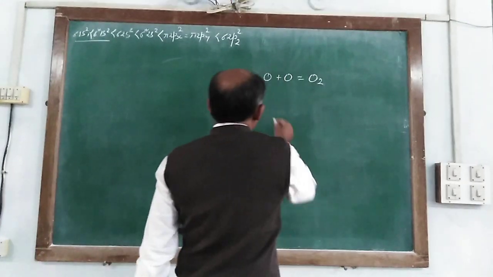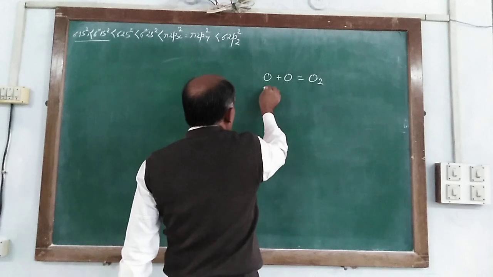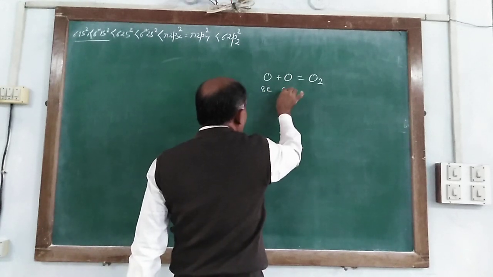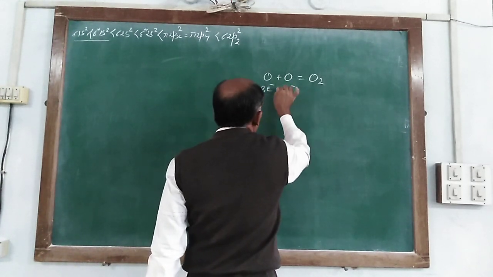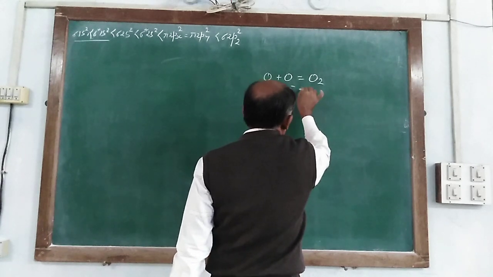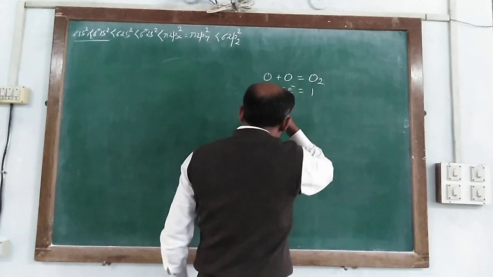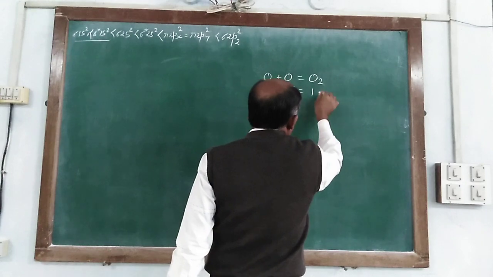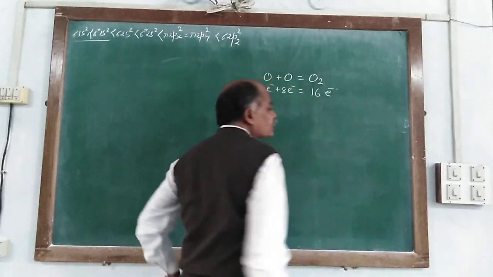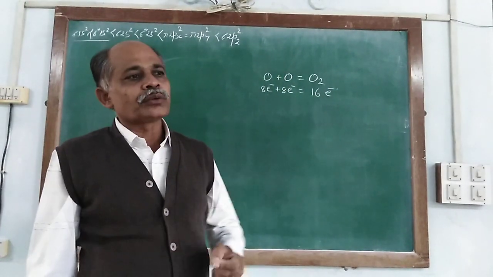Each oxygen has 8 electrons, here also 8, and the total number of electrons in the O2 molecule is 8 plus 8, 16 electrons, which are accommodated in molecular orbitals.